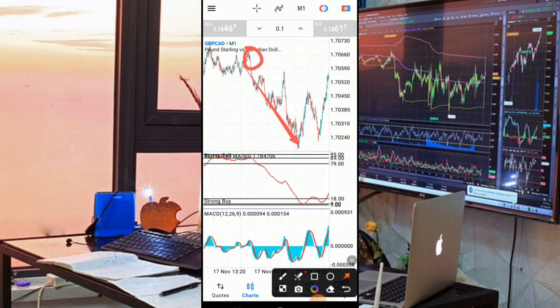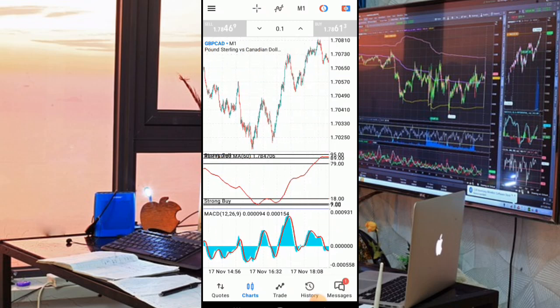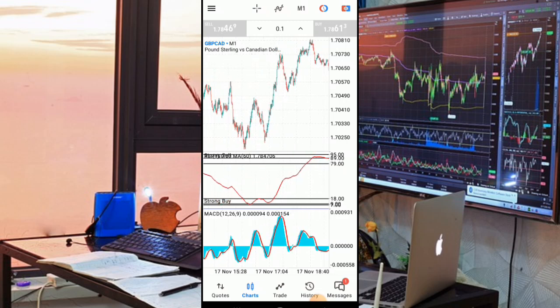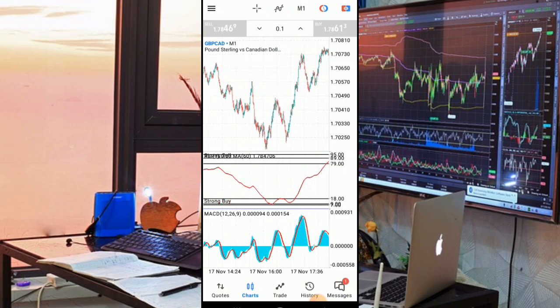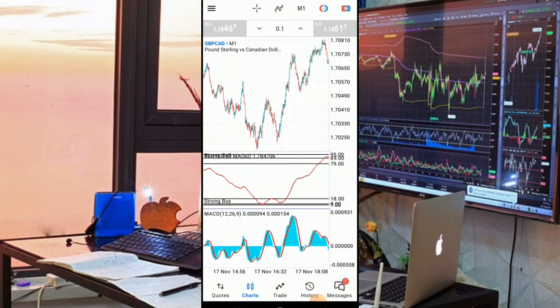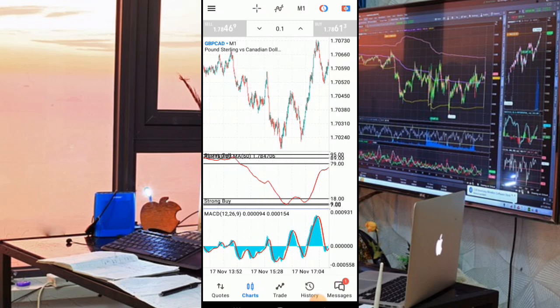So my dear friends, why would you be losing money if things are happening like this? Make sure that you move the chart sideways so that you can see if price is not repainting.